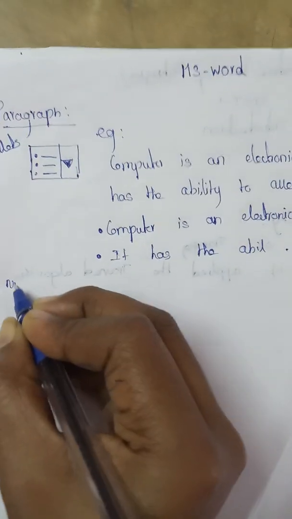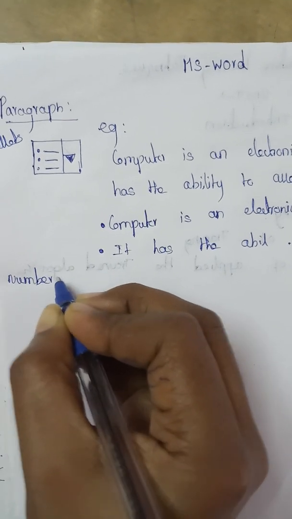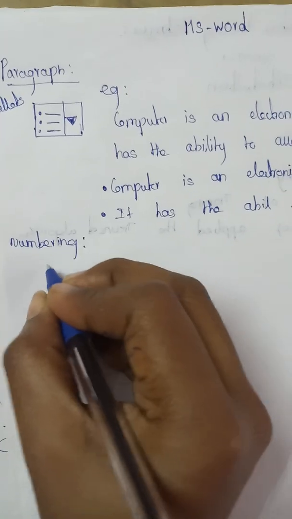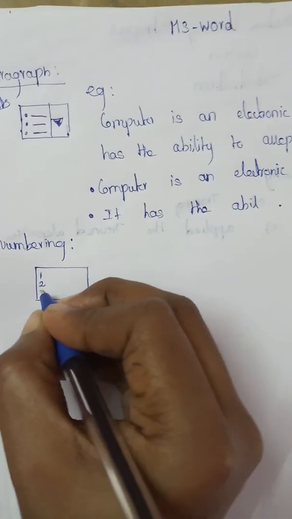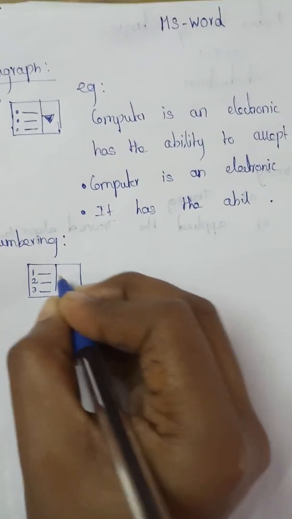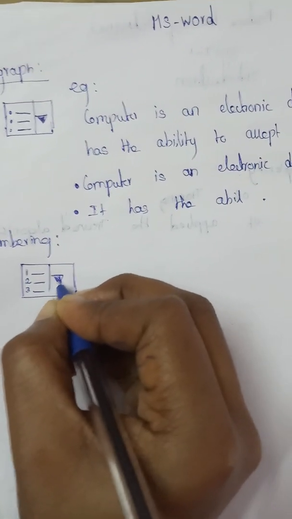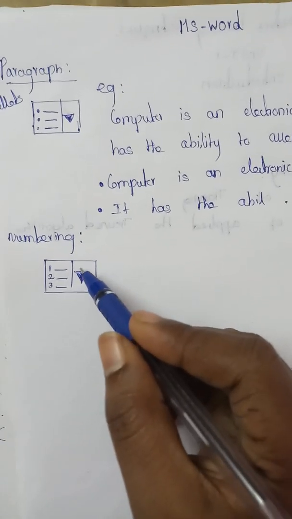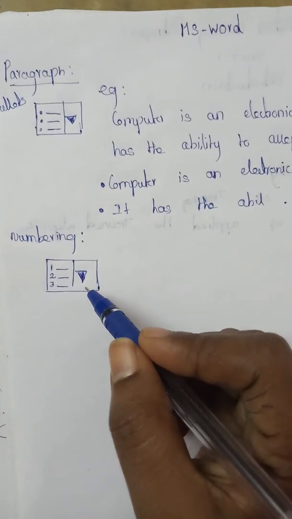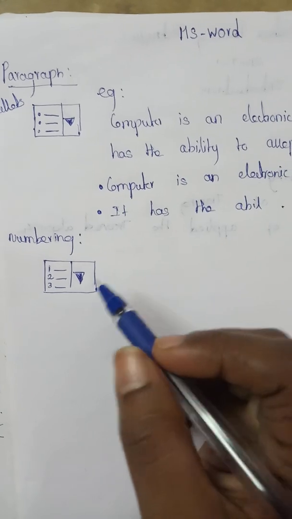And then numbering. What is the icon for numbering? This is the icon for numbering. Here also, when you click this arrow mark, a sub list appears. You can choose any type of numbering.